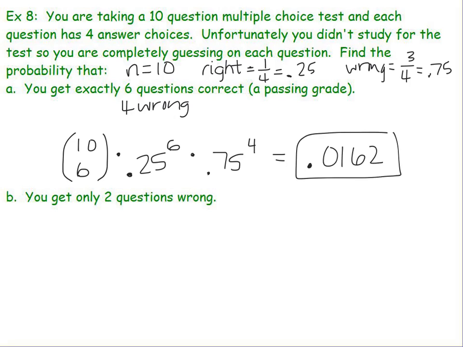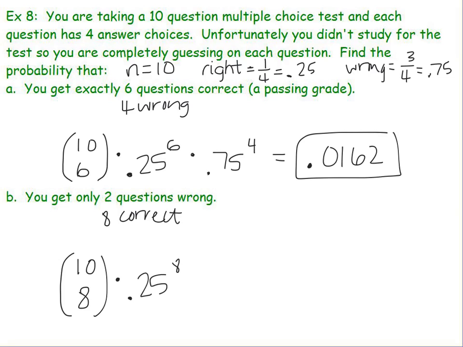Let's look at the next one. You get only 2 questions wrong. So 2 wrong out of 10 means that you got 8 correct. So we're just changing our exponents and the number at the bottom of the parentheses. 10 questions total. Now we have 8 of them correct, times only a 25% chance of getting it correct, but there's 8 of those, times 75% chance of getting it wrong.